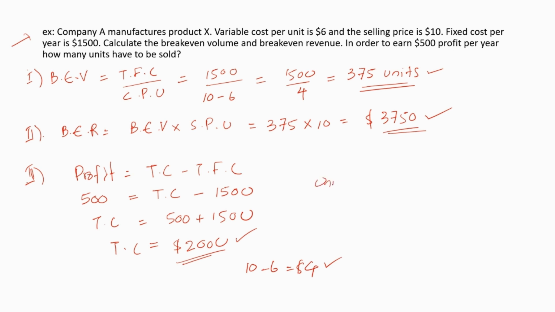So number of units is equal to 2000 divided by 4, which is 500 units. This means if the business can sell 500 units, they can make $500 profit. As you can see, this amount is higher than the break-even volume.